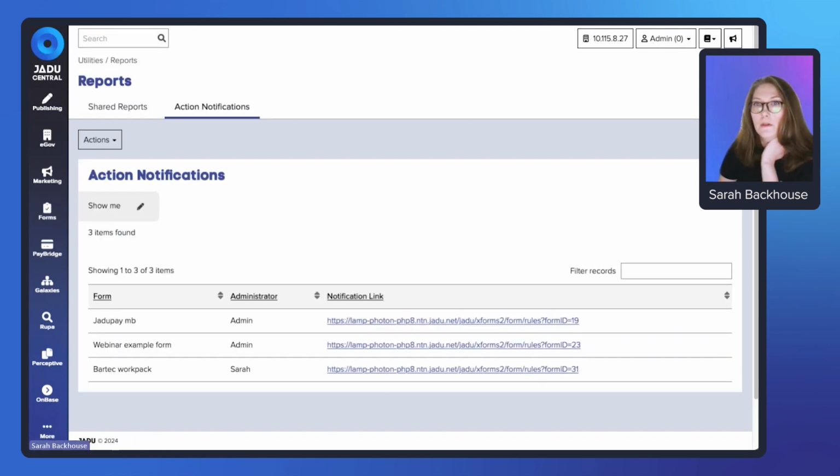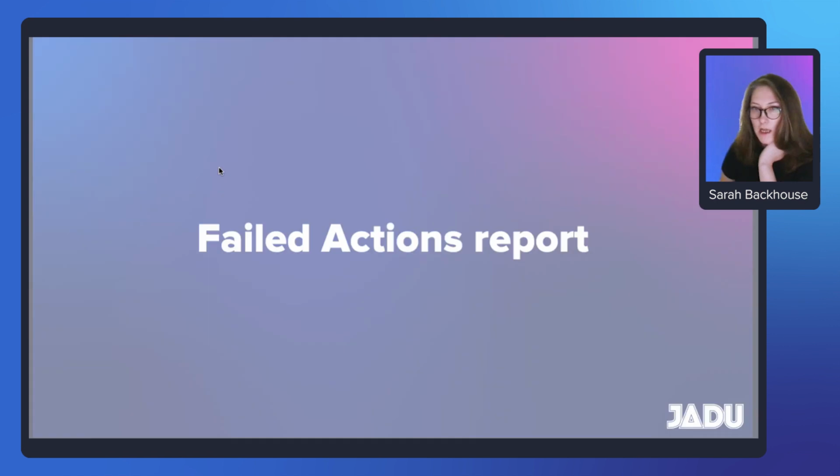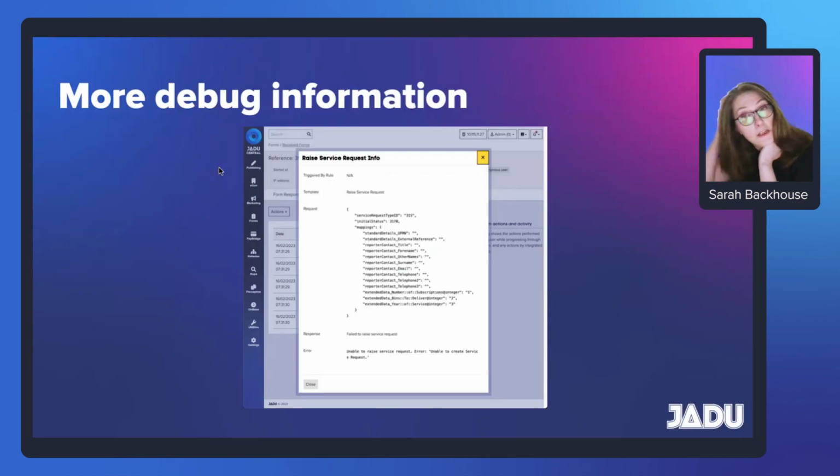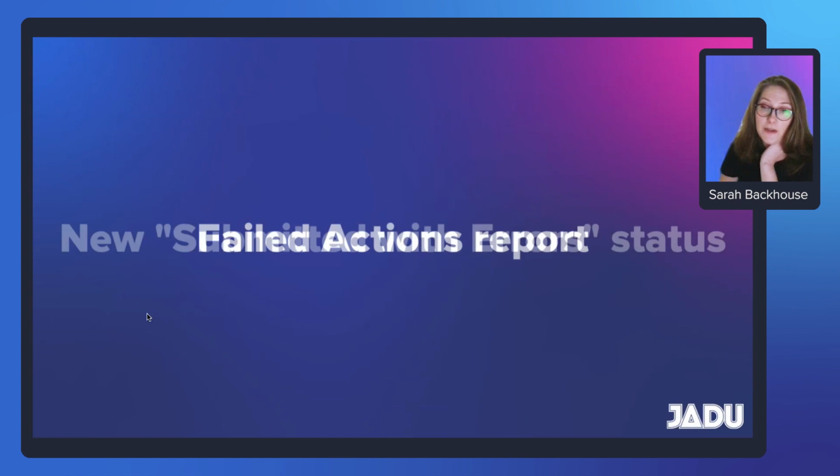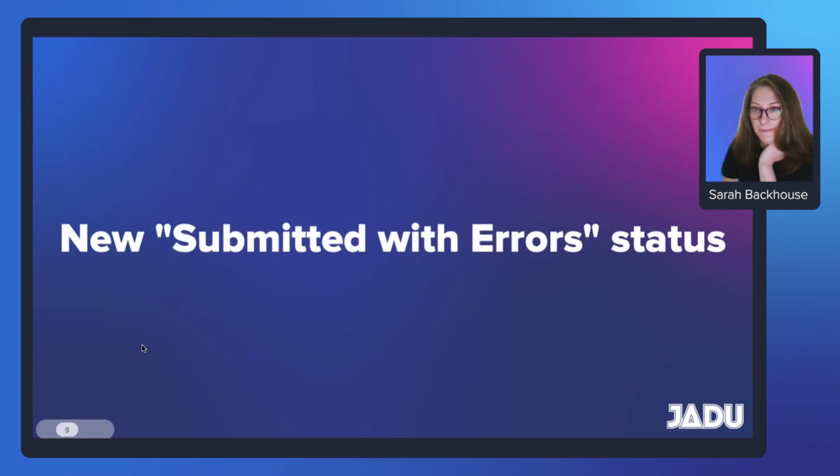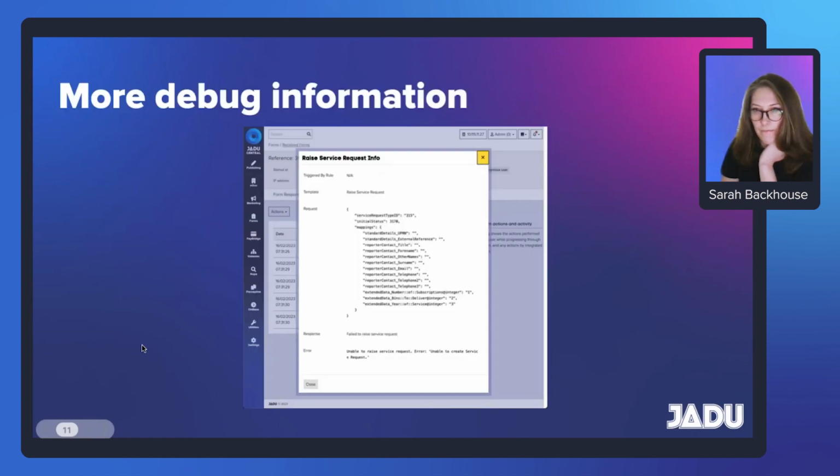So, as mentioned, we have got a little bit more debug information which has been added so that we can more easily diagnose issues and conduct any triaging of issues that occur.